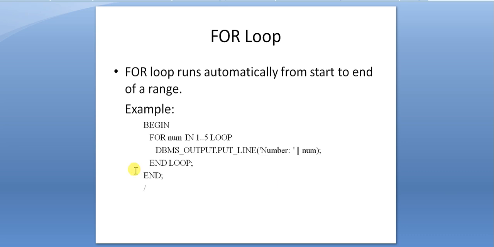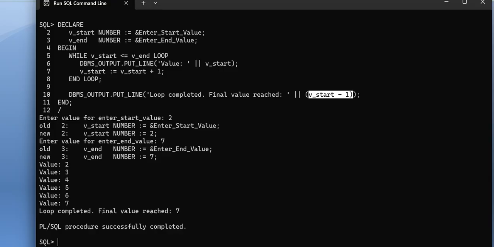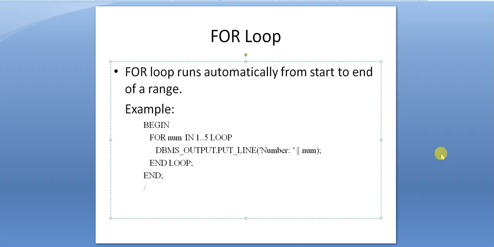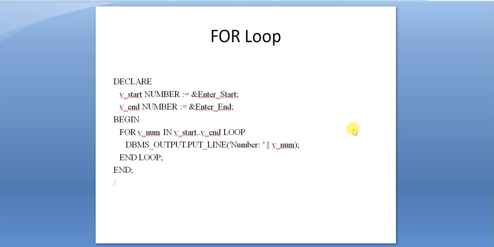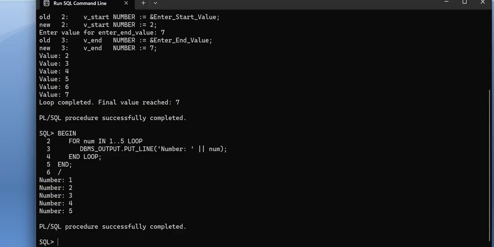Similarly, the loop statement, the for loop statement, goes from start to end. This is also almost the same. Here also 1 to 5. If you want to print 1 to 5, we can print it. Similarly, this program we can also do by taking input from the keyboard.